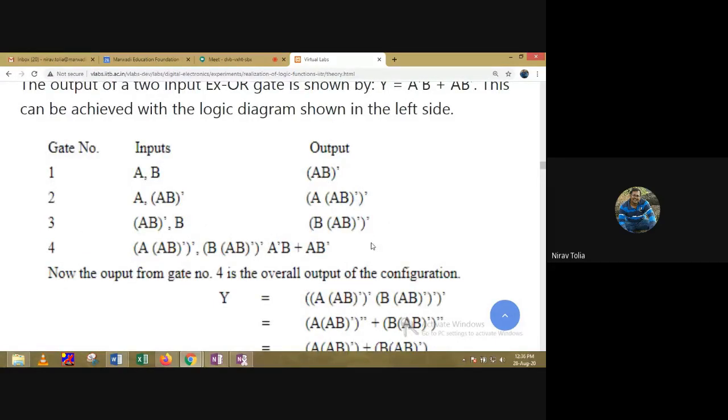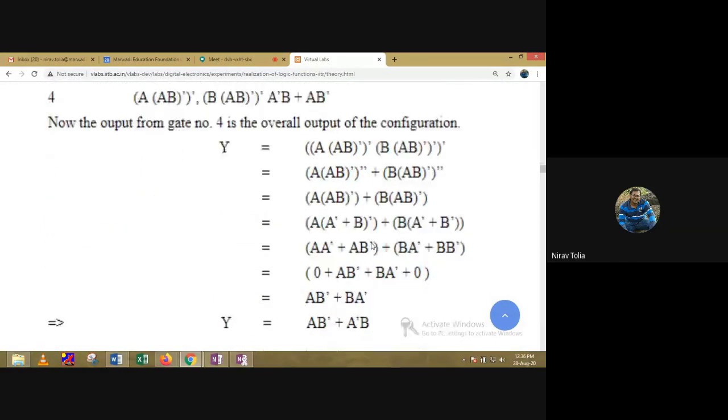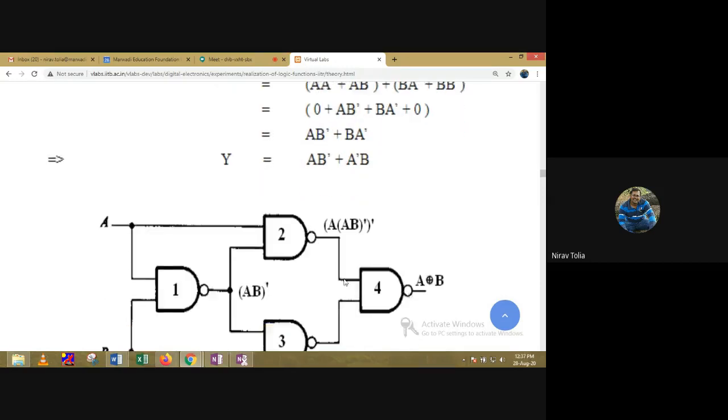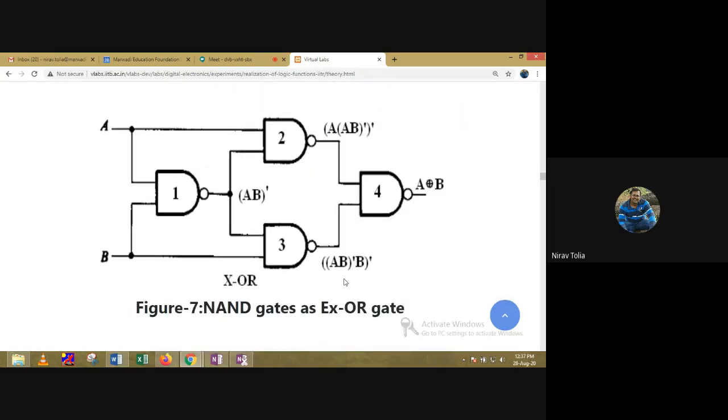The equation of the exclusive OR gate is A bar B plus A B bar. So we have to implement that. Again, how will it be implemented? This is the figure of the realization of that.